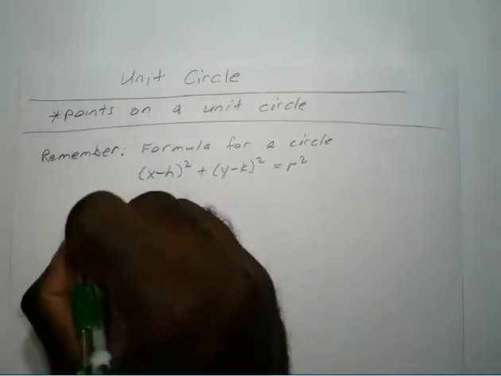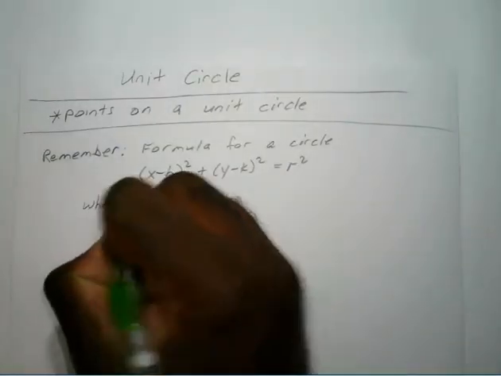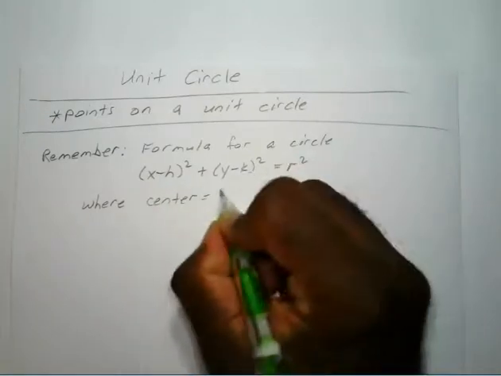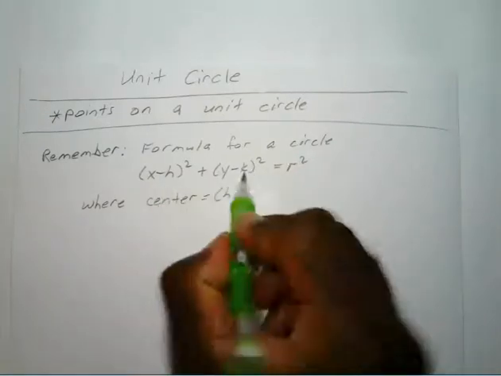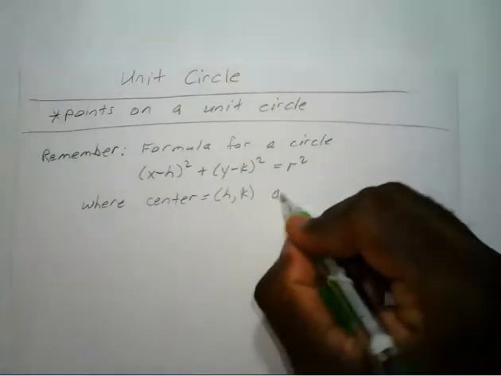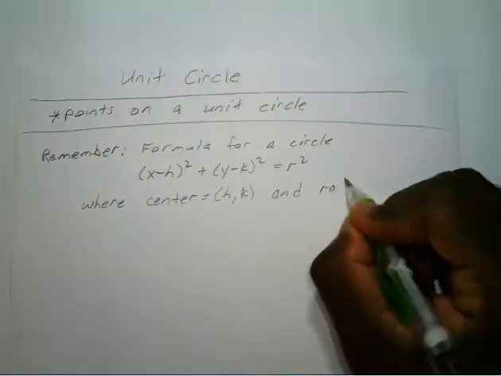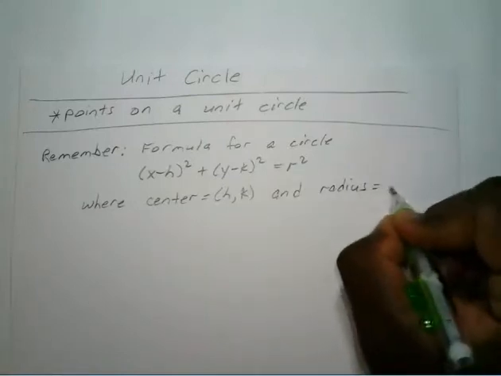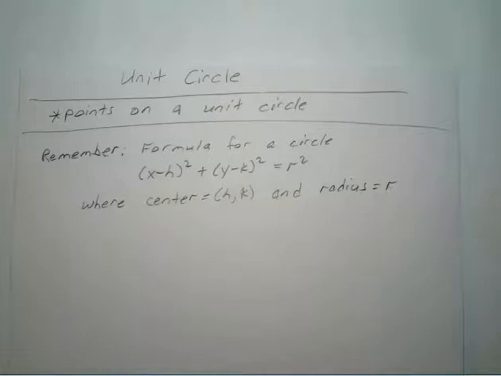Okay, where we know that the center is equal to whatever h and k happens to be, and the radius, which is your r, is your r.